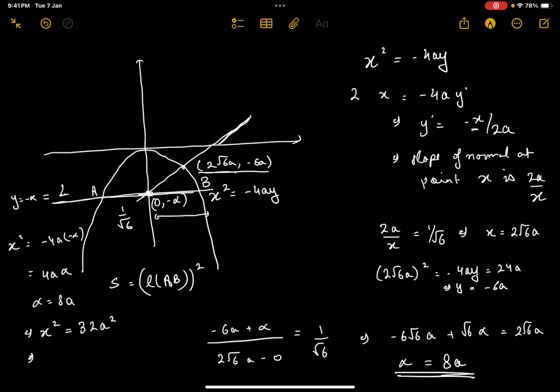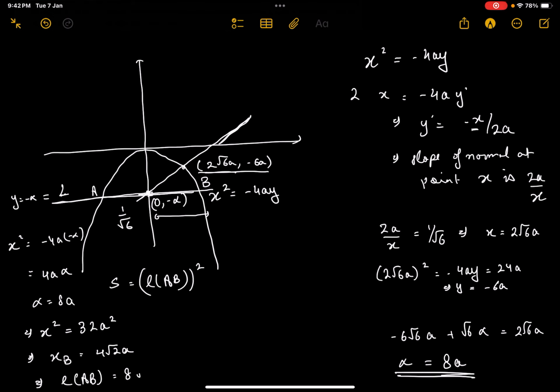That gives us the x coordinate of B is 4 root 2a. Which gives us length AB is equal to 8 root 2a, because length AB is simply twice the length of this segment, the distance between the point of intersection (0, minus alpha) and B.